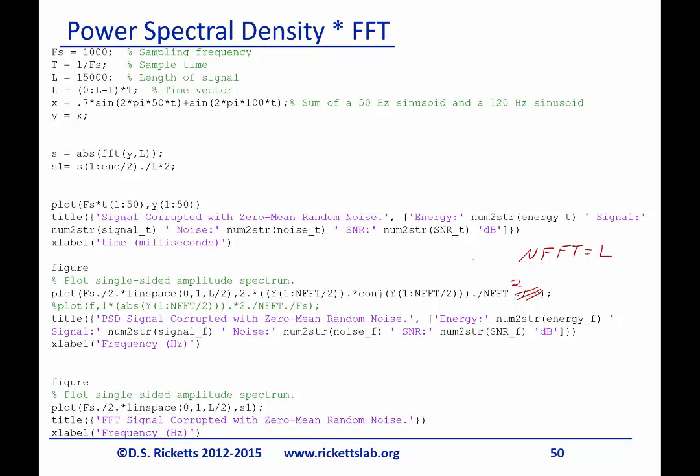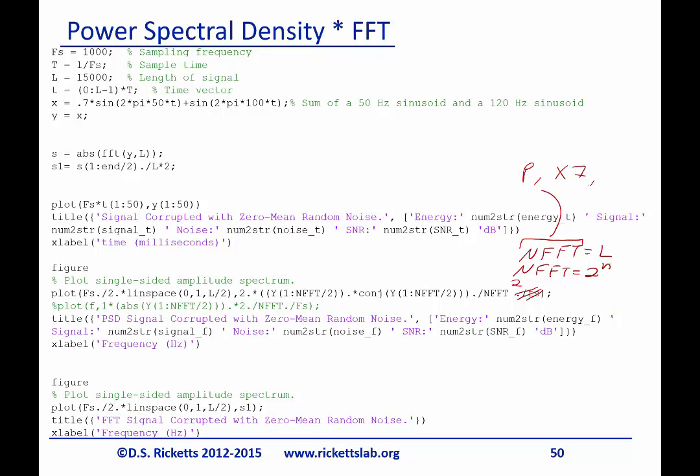However, sometimes people will set NFFT equal to 2 to the n, where n is an integer, in doing the FFT. And this is not any special function. This is just a variable. We could have called it P or X7 or whatever variable you want. But people typically use NFFT as the number of FFT points.